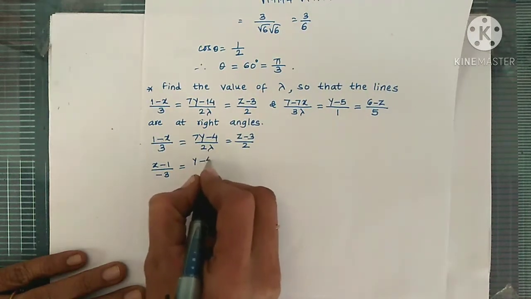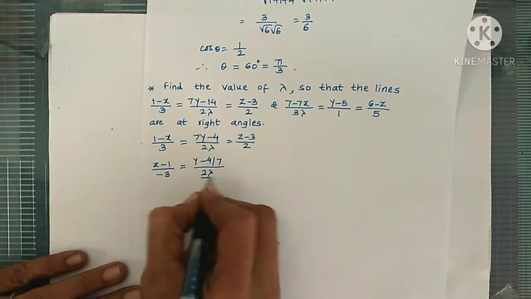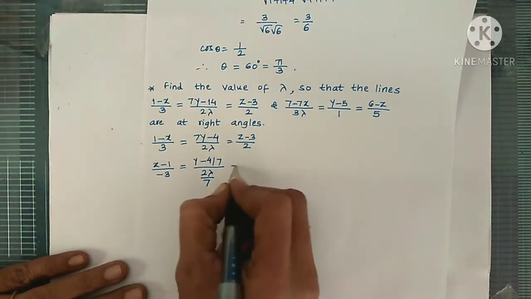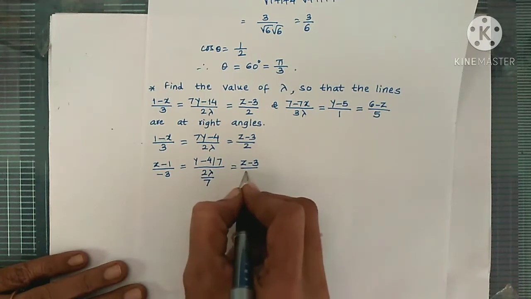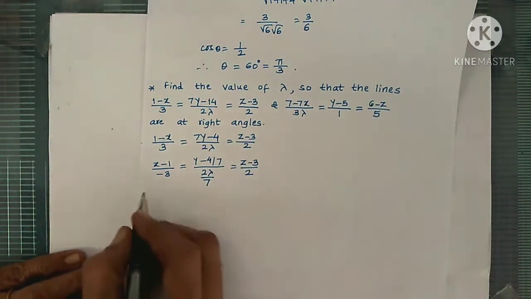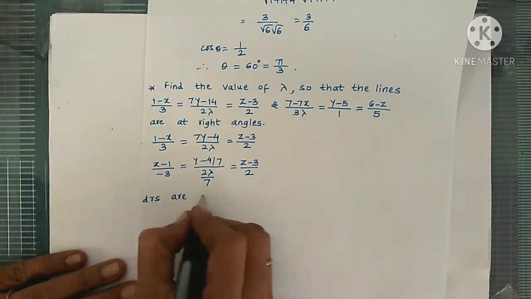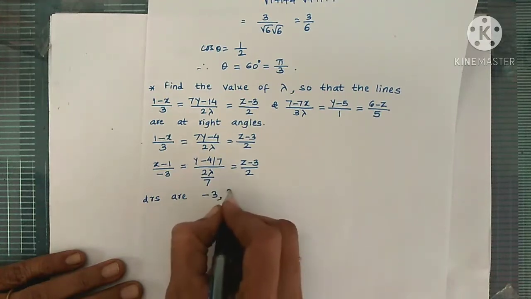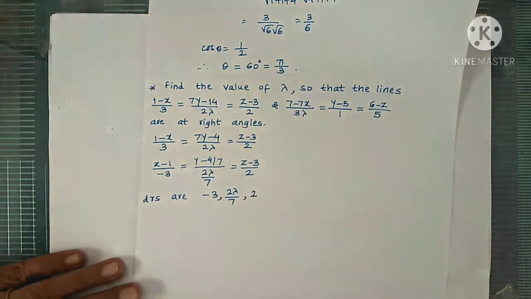So this becomes (y minus 4/7)/(2 lambda/7). And here it is in the form (z minus z1)/c only, so no need to change anything. So the direction ratios are minus 3, 2 lambda divided by 7, and 2.